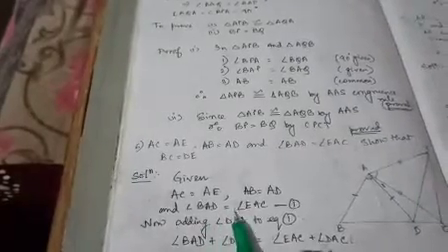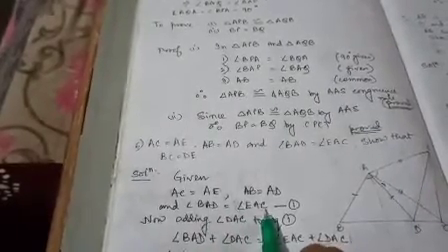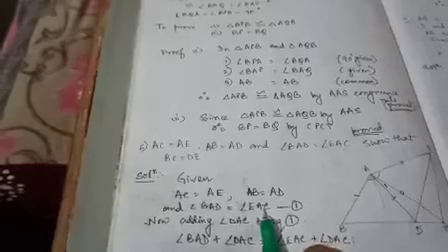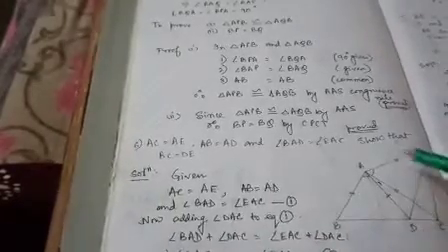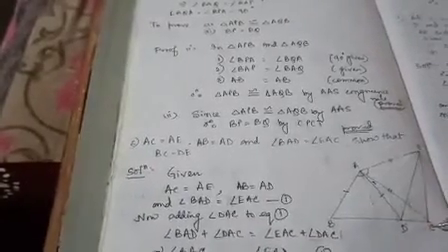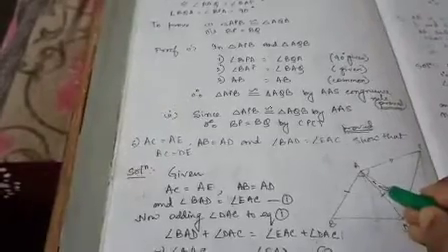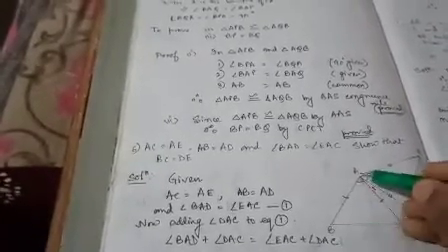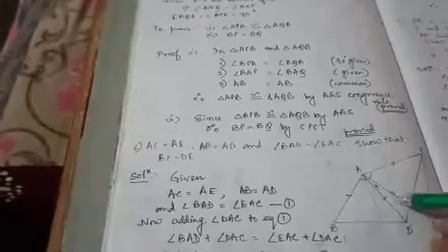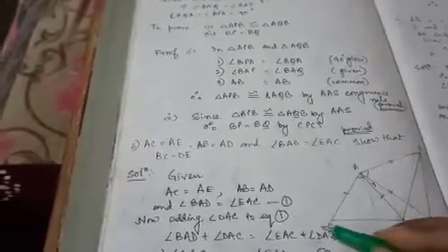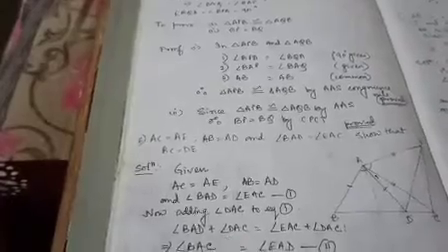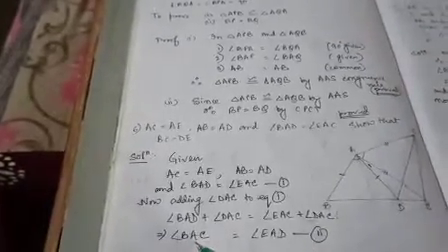That means BAD is equal to EAC, already provided. Now to that equation, if we add this angle 1, DAC, we will get BAD plus DAC, total BAC. So BAD plus DAC is equal to BAC.